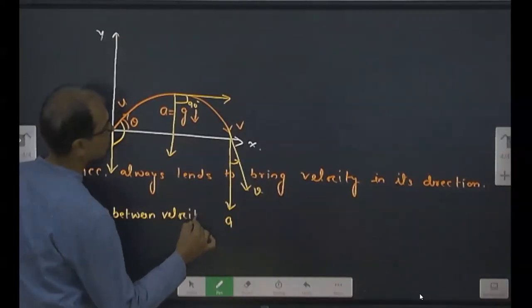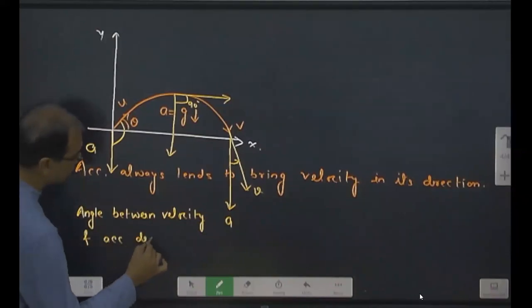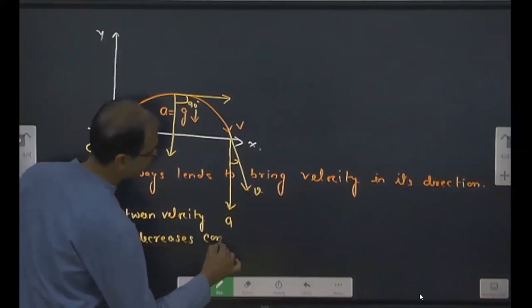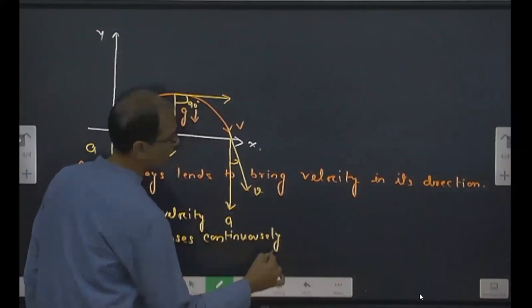velocity and acceleration decreases continuously in projectile motion.